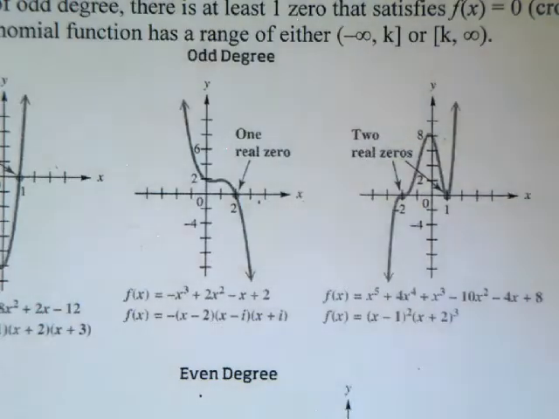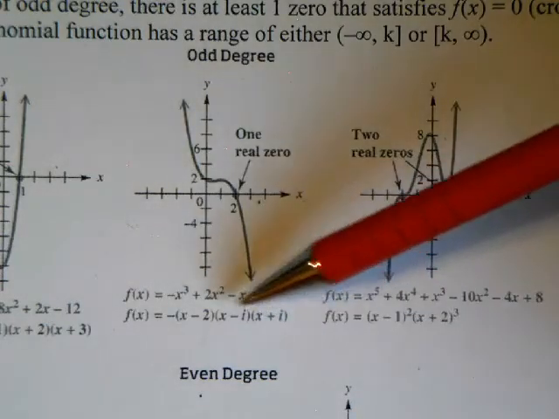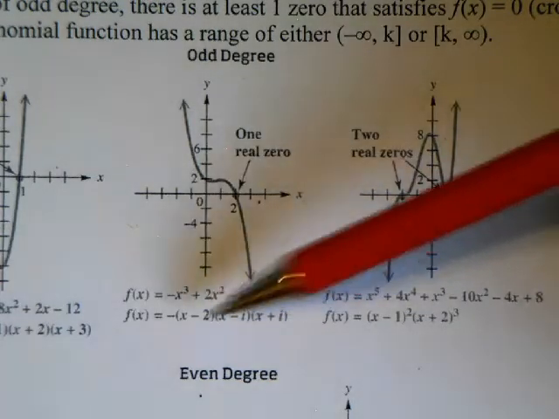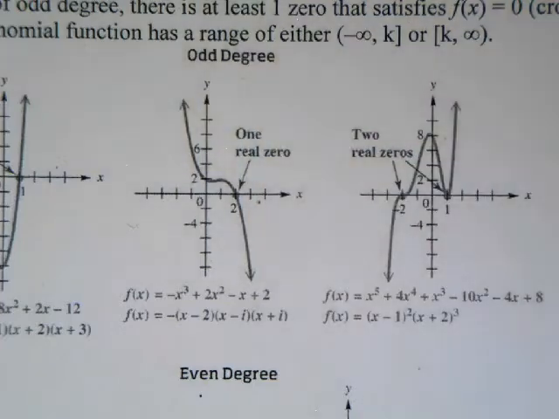Here we have an example in which only one of the factors is real, because both of these will give me complex factors, and so it only crosses the x-axis once.